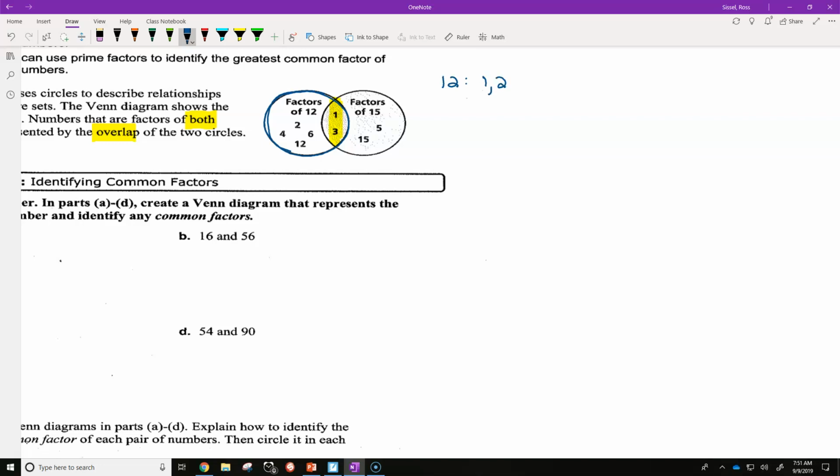We said were 1, 2, 3, 4, 6, and 12. We made an orange circle, and we said anything inside the orange circle would be a factor of 15. So the numbers 1, 3, 5, and 15.